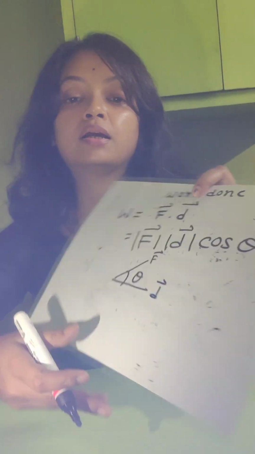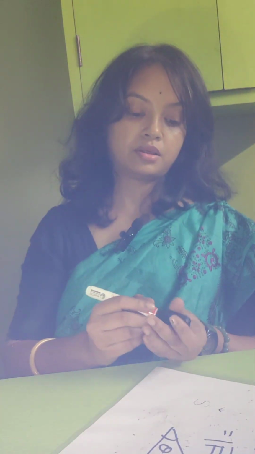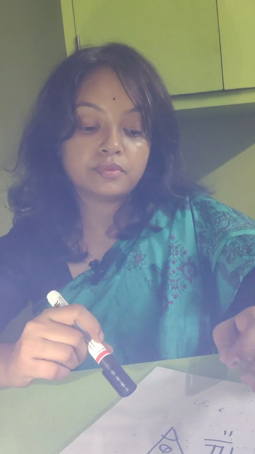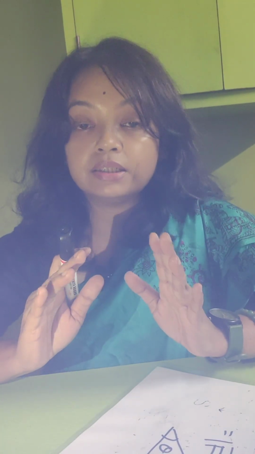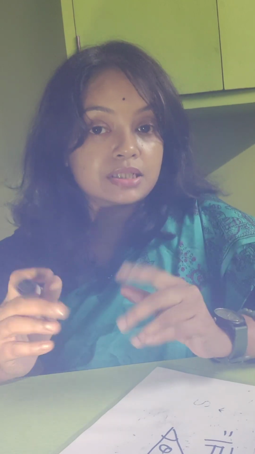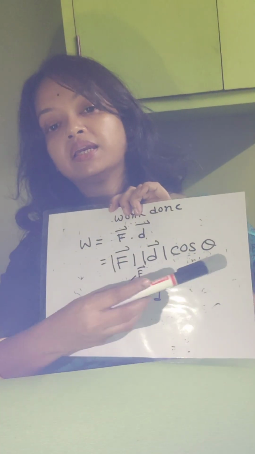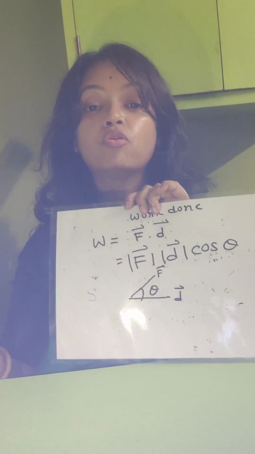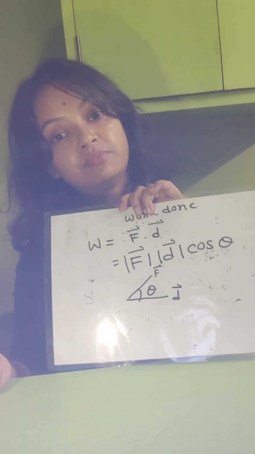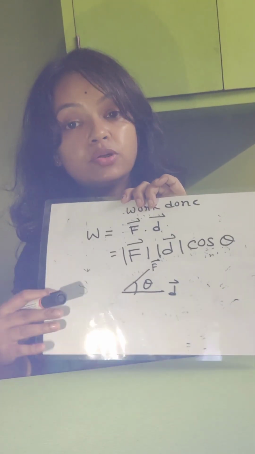Now, let's come to the point where theta, the angle between force and displacement, is 90 degrees. That is, force and displacement are perpendicular to each other, and at that time cos 90 becomes 0.